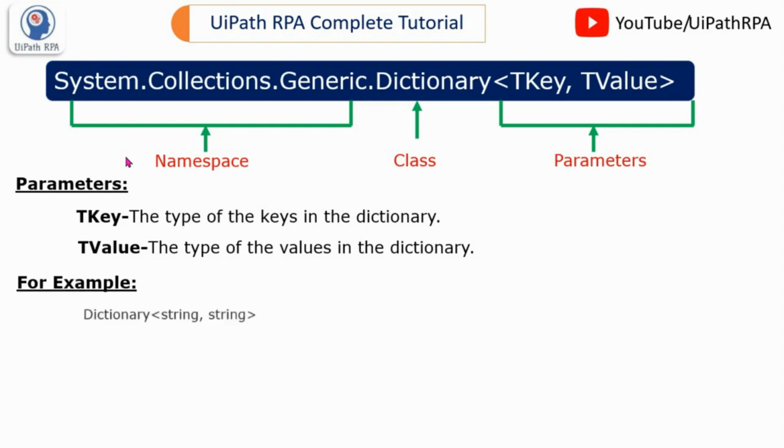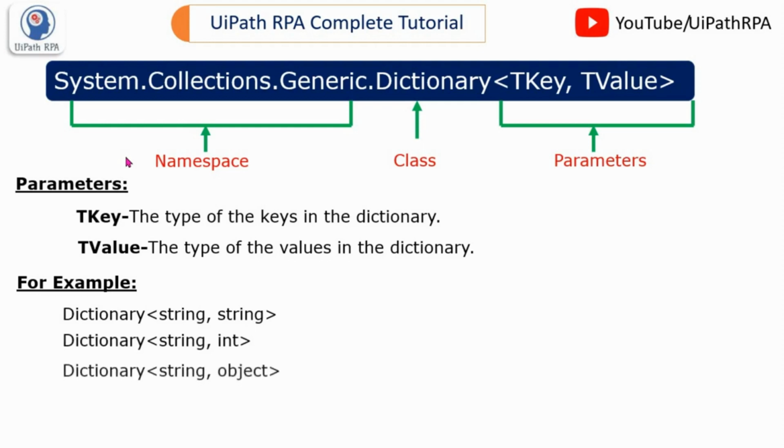Now for example, the dictionary key will be string and the value will be string. It can be a string or it can be anything else. The key can be string and the value integer. We can take key as a string and value as an object also.